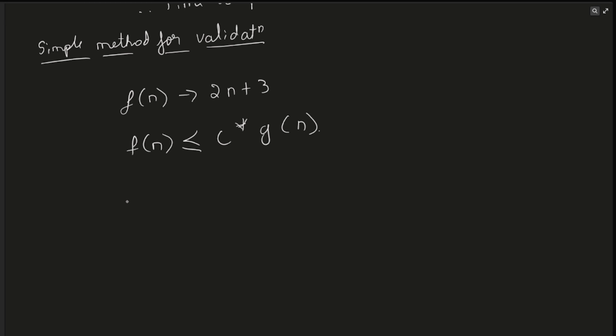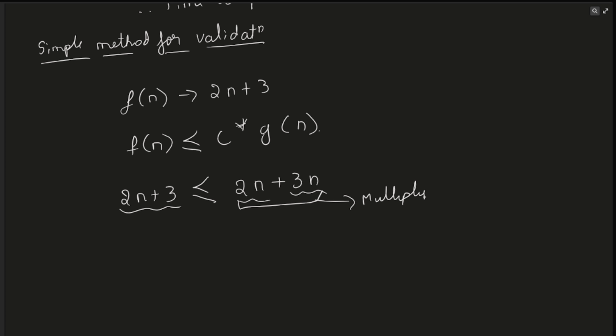Simply what we can do is make the left hand side terms, that is 2n plus 3, a multiple of n, that is 2n plus 3n. Here we are multiplying the terms with n. Since the first term 2n already has n, we are ignoring that.